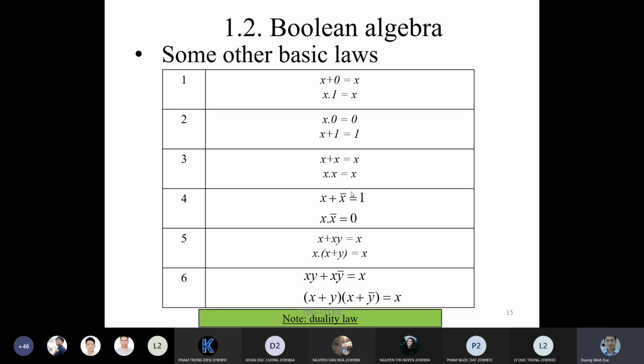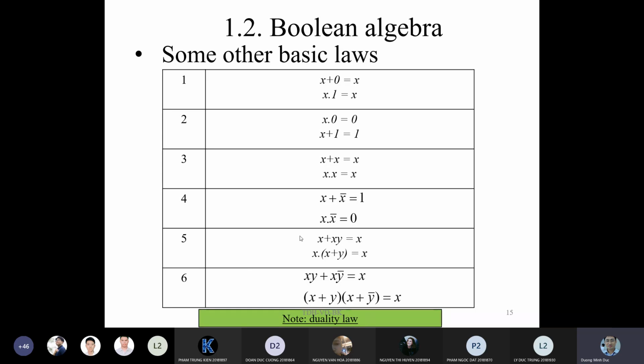Because between one variable and its negation, there is always a value of 1, so the disjunction is always 1. Similarly, between one variable and its negation, there is always a value of 0, so the conjunction is equal to 0 for all variables.